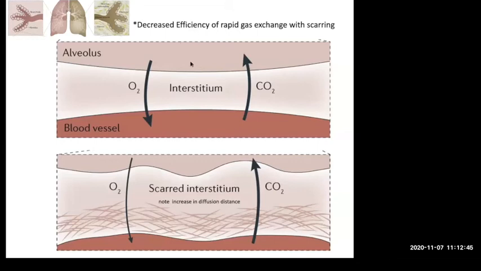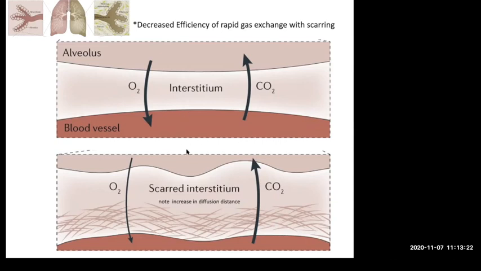So one of the big things besides fluid buildup is that scarring, right? Normally you have this small distance over here and the watery, loose connective tissue, or hardly any at all, just that shared basement membrane that allows for fast gas exchange. When you start to get that scarring effect, this fibrosis, pulmonary fibrosis, you start to get an increase in the space the oxygen actually has to pass through.